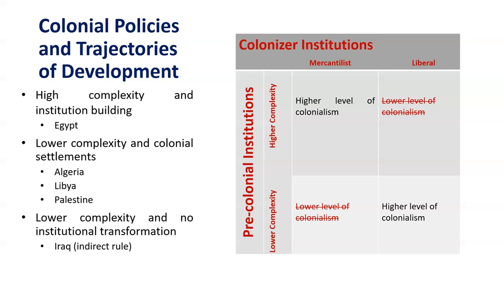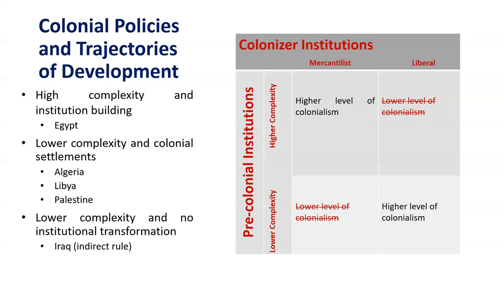Egypt. Okay. For the lower complexity and colonial settlement, in these countries that had colonial settlement, Palestine, Libya, and Algeria, the colonial authorities came in and they settled and they established their own institutions, but it didn't have this kind of post-colonial impact Mahoney talked about.